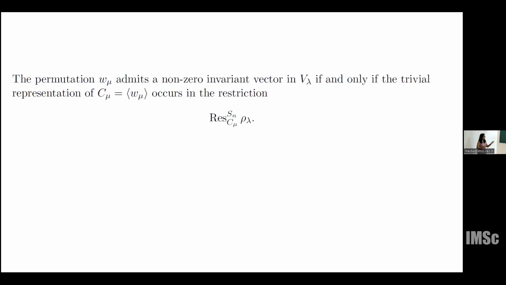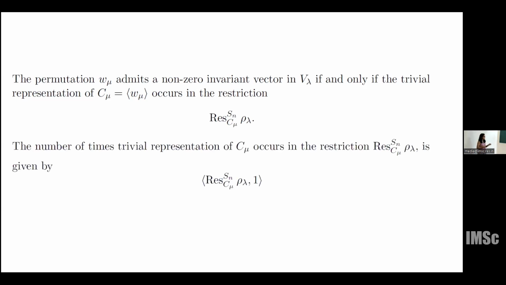Another interpretation of this question is that the permutation w_mu admits a non-zero invariant vector in V_lambda. This is the same as saying that when I restrict rho_lambda from the symmetric group to the cyclic group generated by w_mu, the trivial representation should occur in that restriction of rho_lambda.